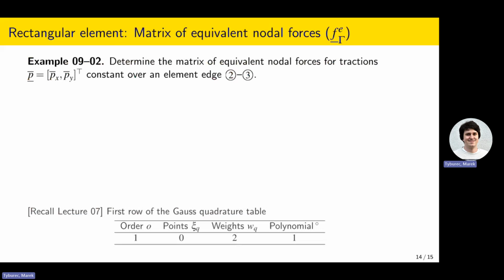And so this will be now our integration domain. Yeah, so this vector f gamma p is t times the integral over the edge, which is minus Ly over 2 to Ly over 2.